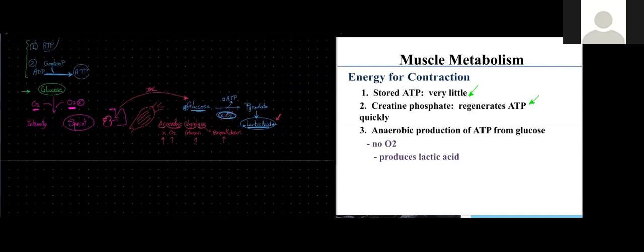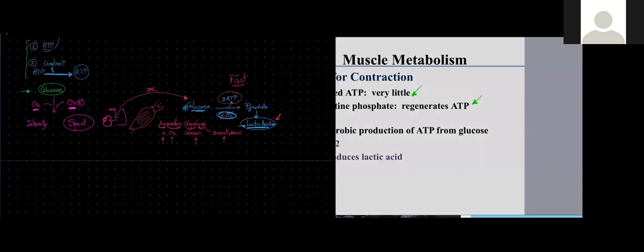So is there anything good about this process? Yes, it supplies ATP in a very fast way. It's fast, but can't last for long. So for how long can you run a sprint for?